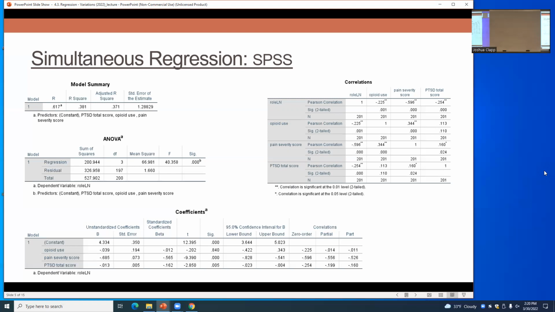So again, we're looking at differences in the denominator. Think back to that Venn diagram that we went through and talked about, okay? So just a quick recap on multiple regression. Any questions about this? I'm feeling comfortable with interpretations.